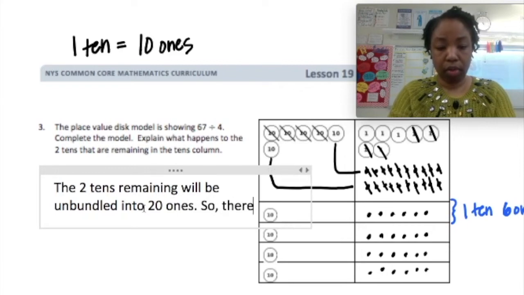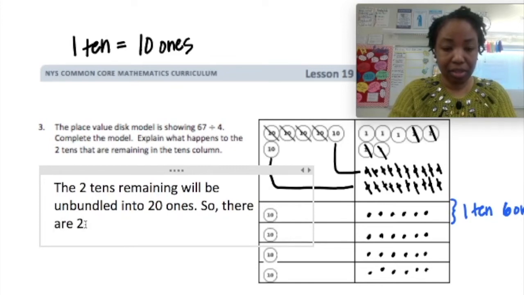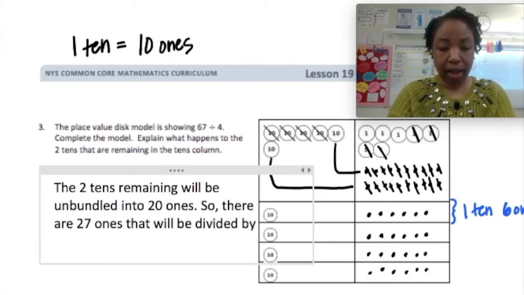So there are 27 ones that will be divided by 4.